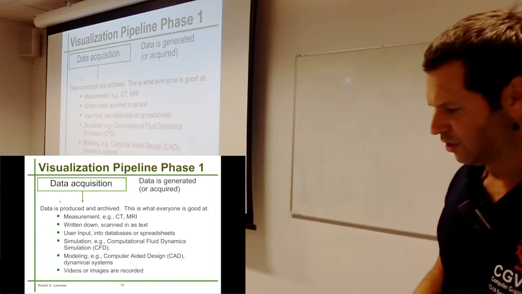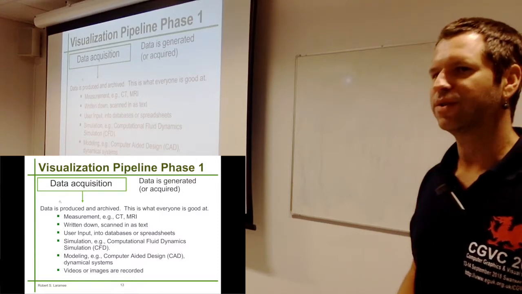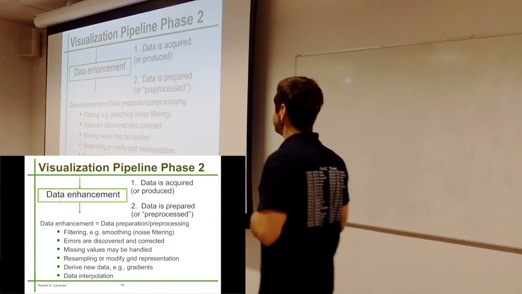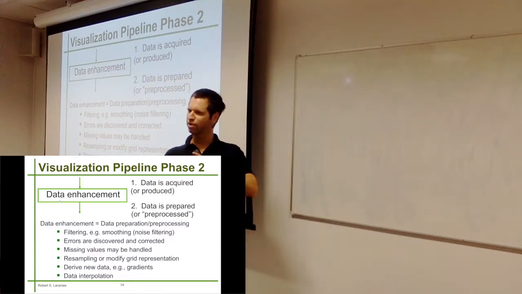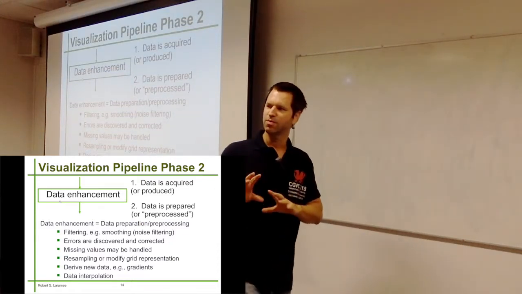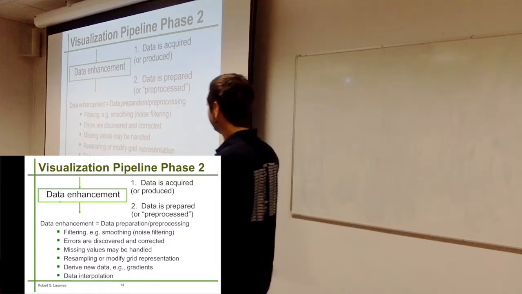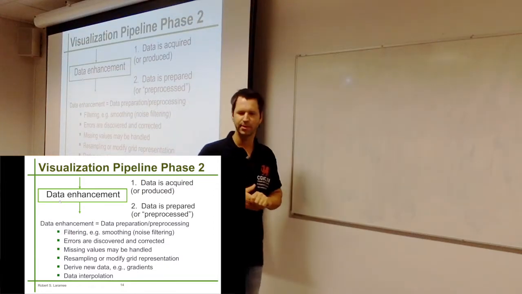So data is generated and acquired, and it's usually some instrument that's generating the data. Then there's an enhancement phase, and that's also part of assignment one, where you're shuffling things around. You're putting data into groups. Maybe you're combining spreadsheets together. Maybe you're separating spreadsheets apart for some reasons.